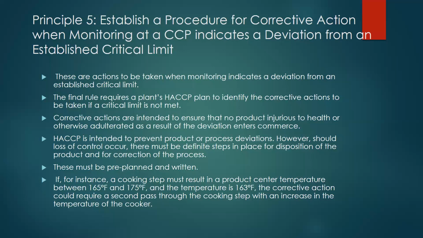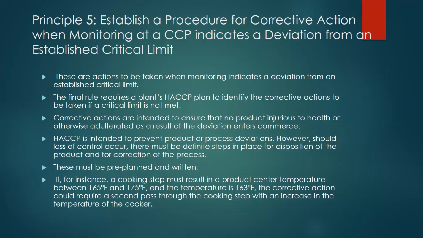Okay, so let's understand what this fifth principle is. Once we have identified the CCP and know the critical limit within which we should have the product, the next step is that while monitoring, if we identify that the product is deviating from the established critical limit, then we would require a HACCP plan to identify the corrective action which should be taken if a critical limit is not being met.